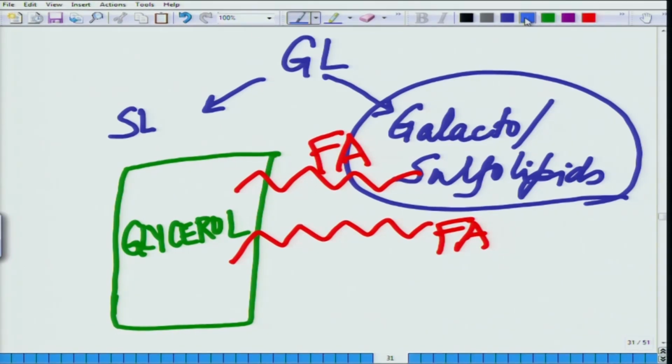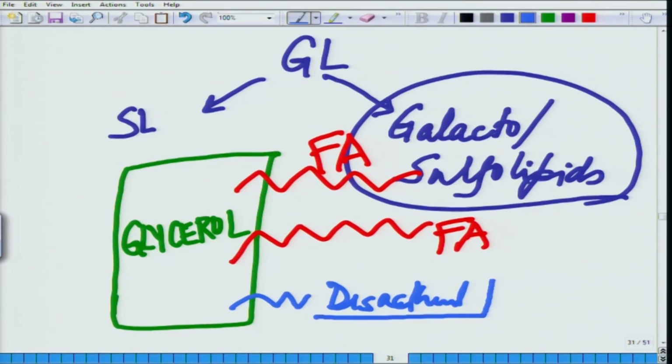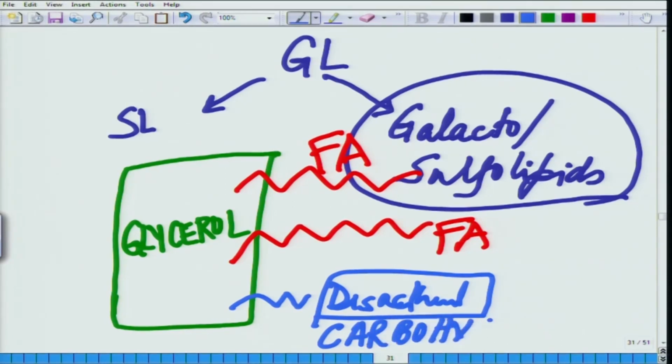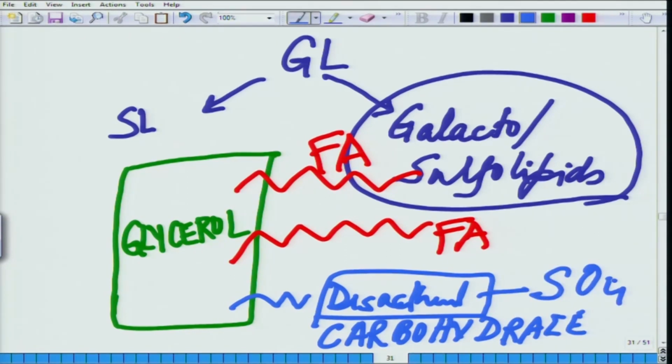Then there is a modification here, you have a disaccharide or an oligosaccharide attached here, let me put it as carbohydrate here, and to that you have a sulfate moiety, SO4, attached there.